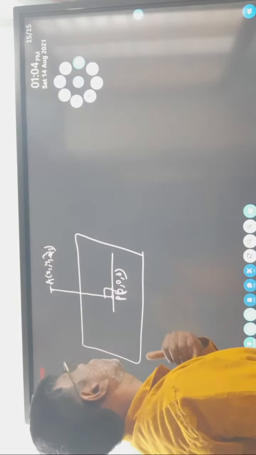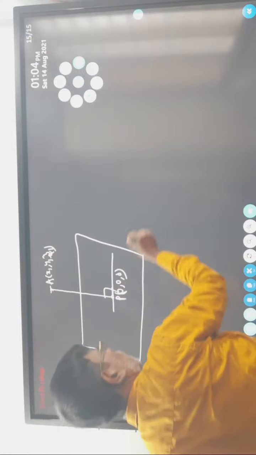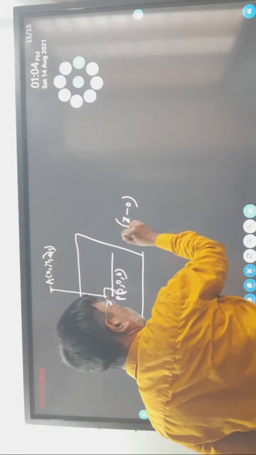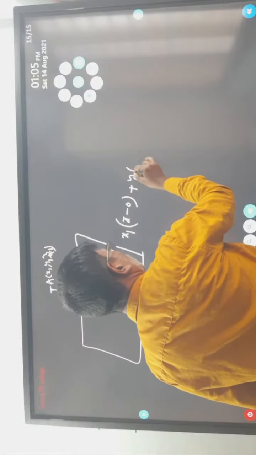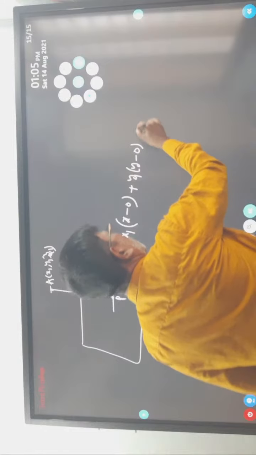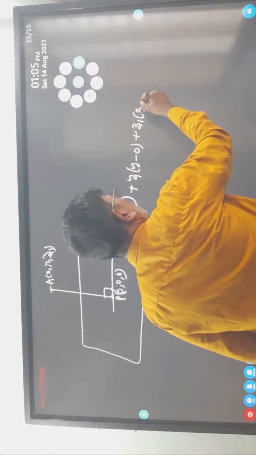Normal I know directly: x1 into (x minus 0), since 0 lies on the plane, plus y1 into (y minus 0), plus z1 into (z minus 0).